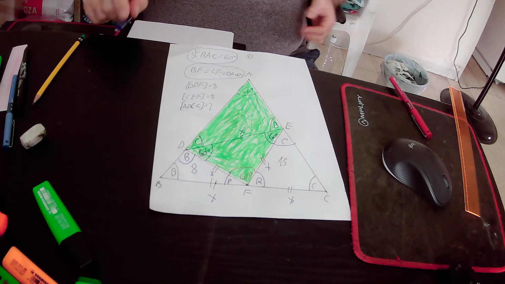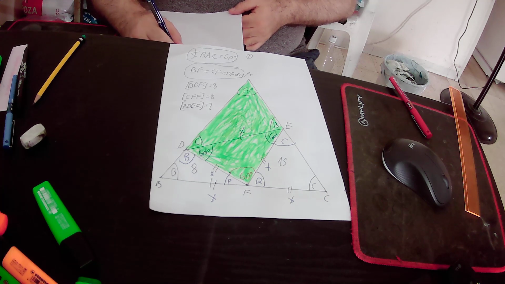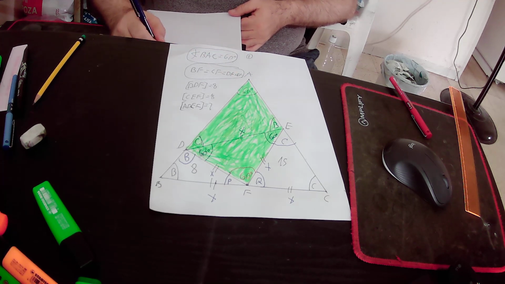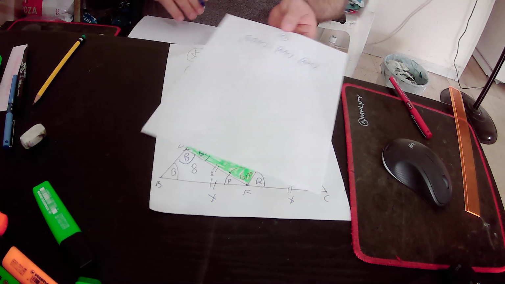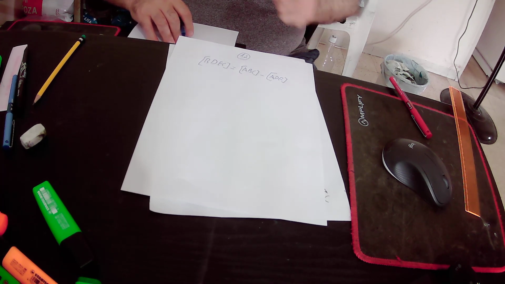Okay, so the area of quadrilateral BDEC equals the area of triangle ABC minus the area of the small triangle, triangle AED or ADE.